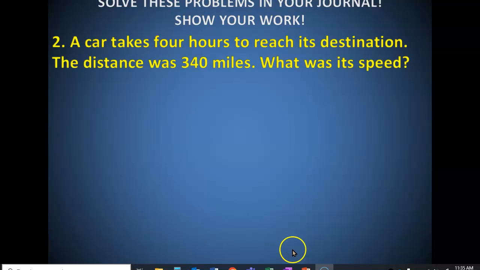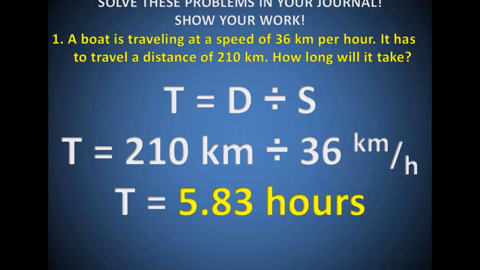All right, so ladies and gentlemen, let's go back to that first problem for just a moment. The question was, how long will it take? How long means that we are looking for an amount of time, and they gave us the distance and the speed. The distance was 210 kilometers. The speed was 36 kilometers per hour.